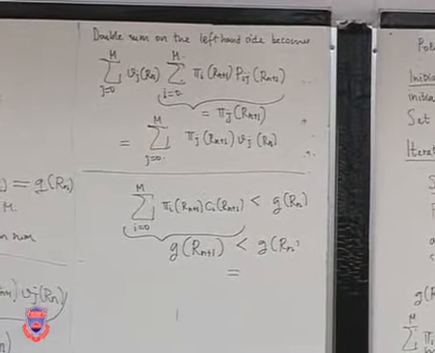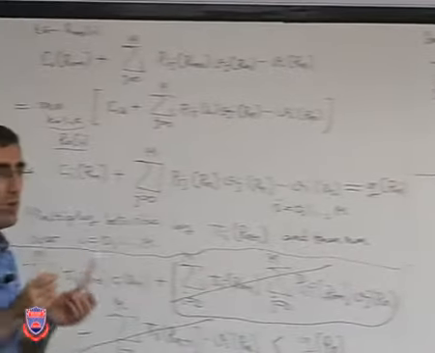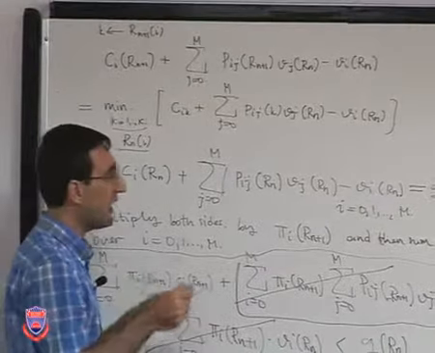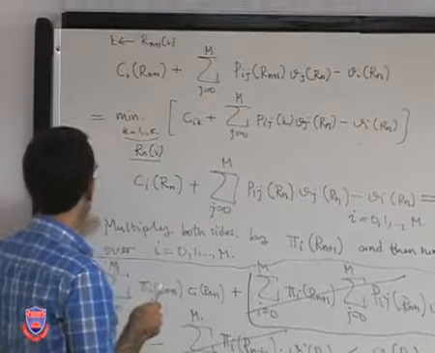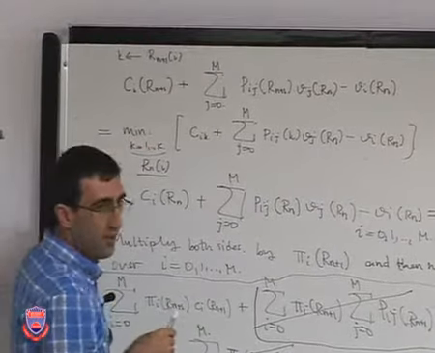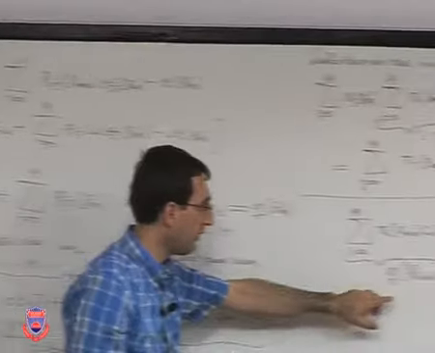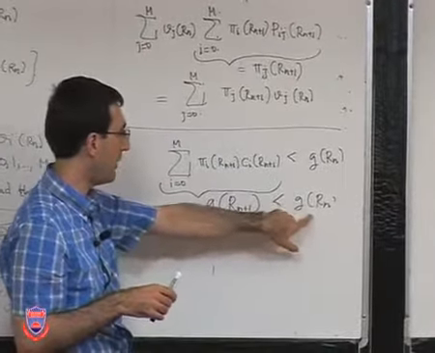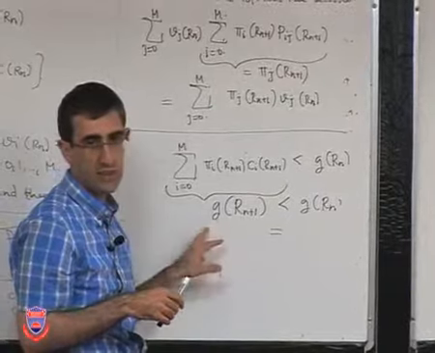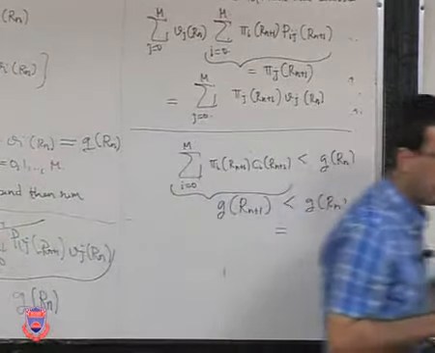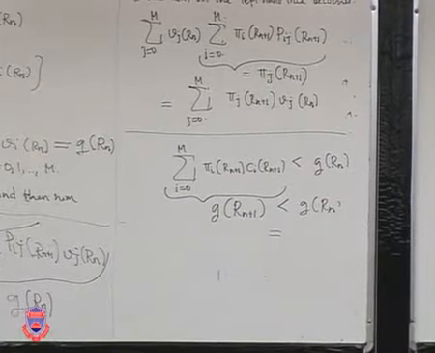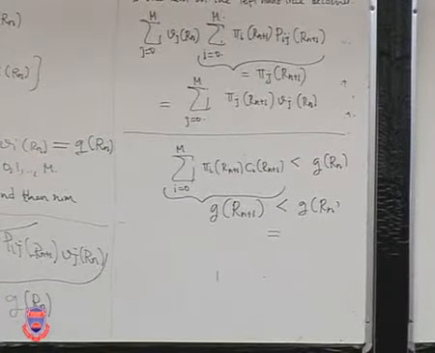So that means what? If for at least one of the states you find an action that makes this inequality strict, then you are actually improving the previous policy by a new one in a strict sense. Okay? So that's also important.